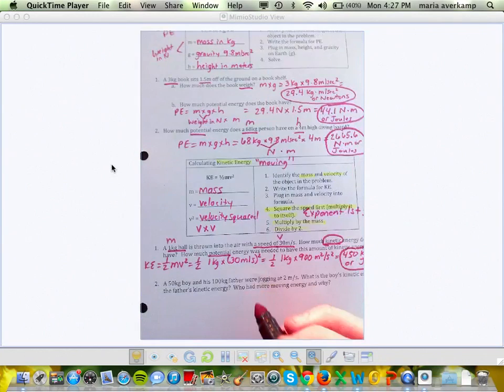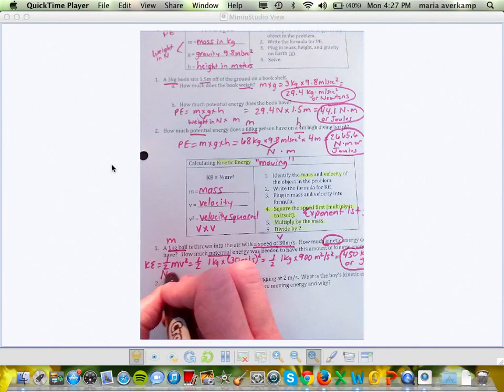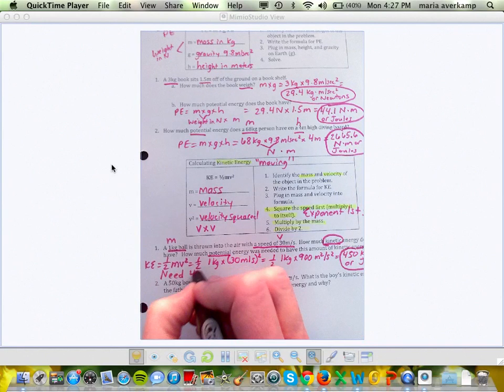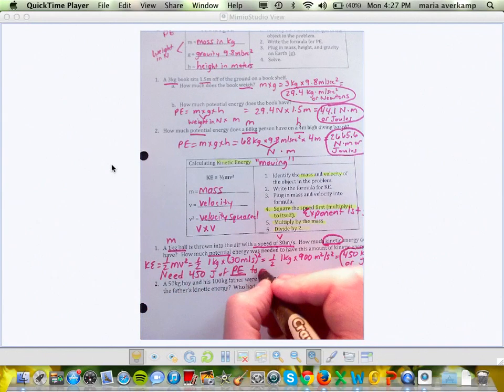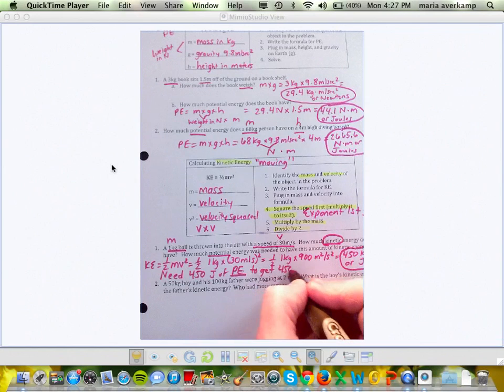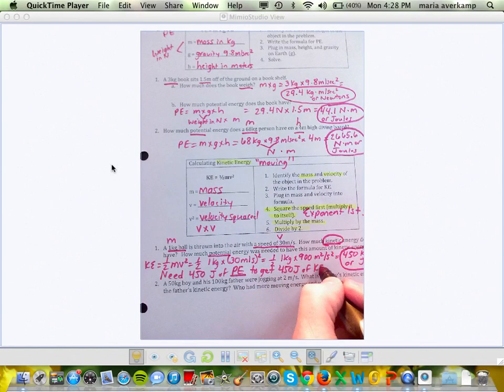So keep in mind, kinetic energy comes from potential. So you need 450 joules of potential energy to get 450 joules of kinetic energy. The law of conservation of energy says I can't gain or lose any energy in that process.